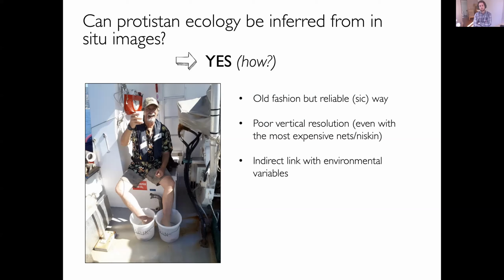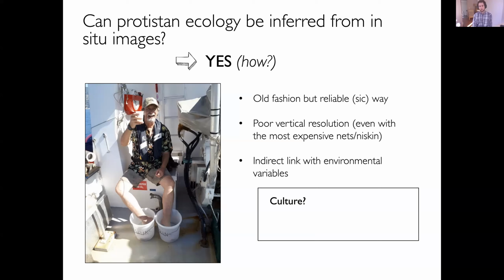Also, if you want to relate the distribution of your cells with environmental variables like temperature and salinity, this will be an indirect way. You can put CTDs in the water, but it won't be at the exact same place where you collect your cells.